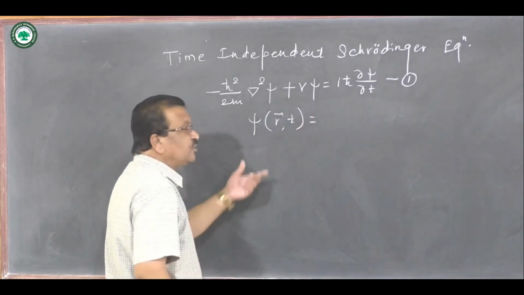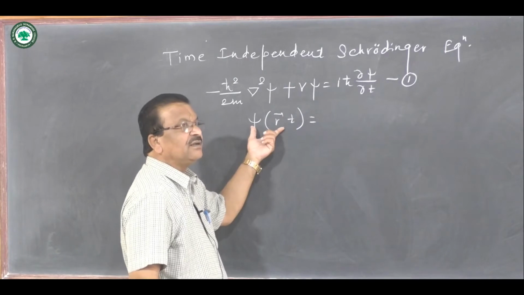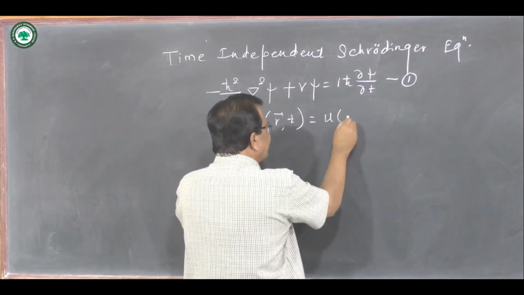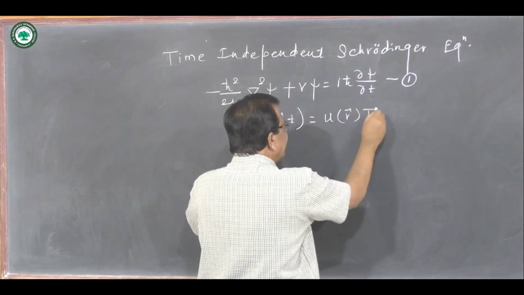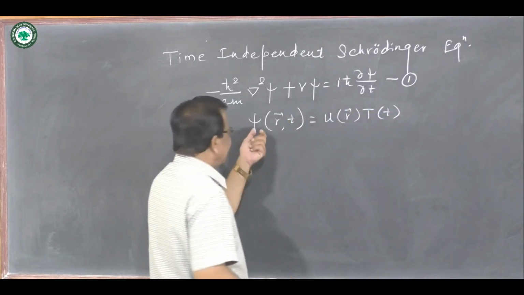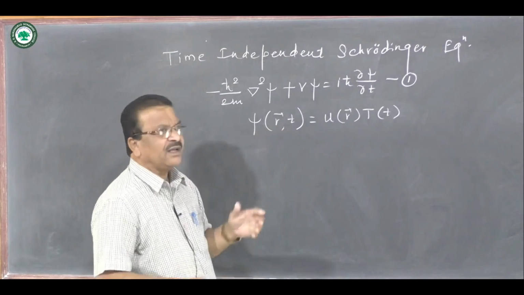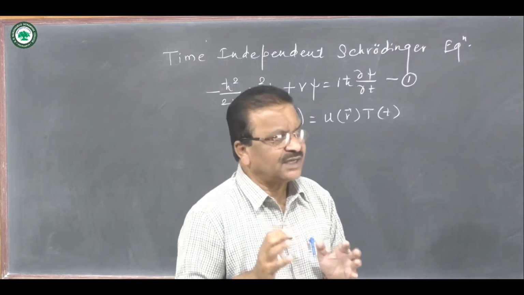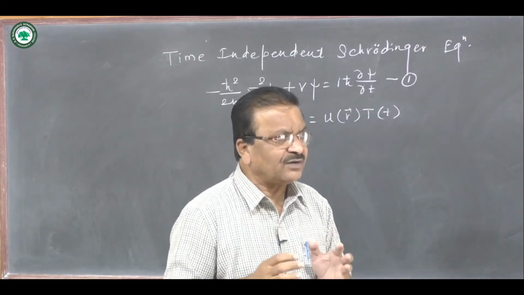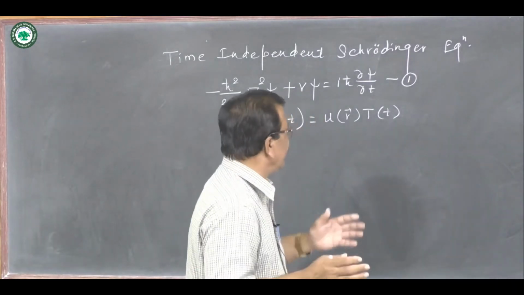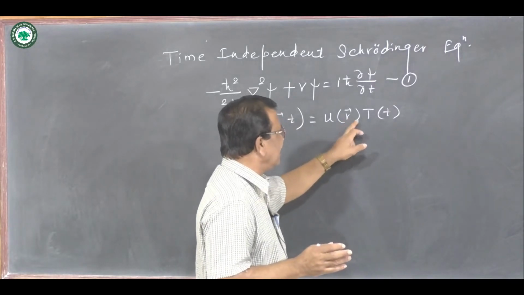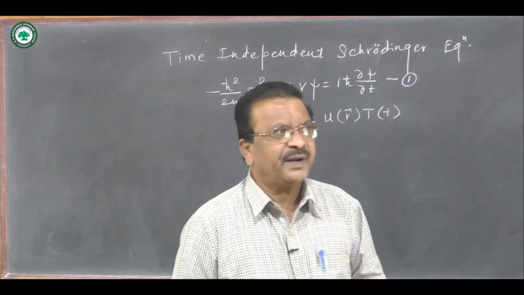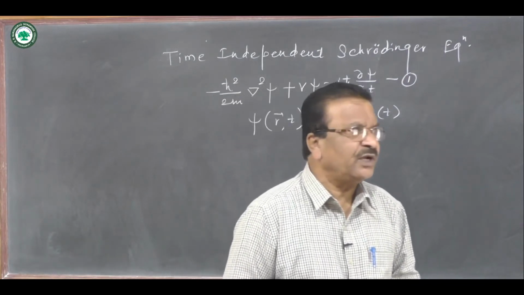So I am going to assume the solution in the form of a product of functions, u of r and capital T of t. So psi being a function of position and time, I assume the product of two functions in which u depends only on r and T depends only on t.